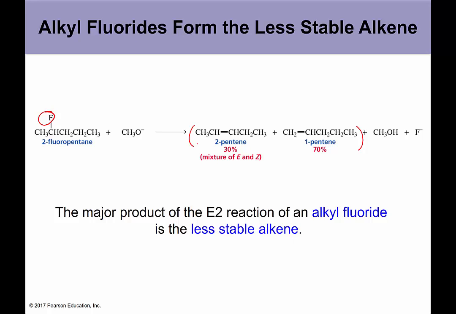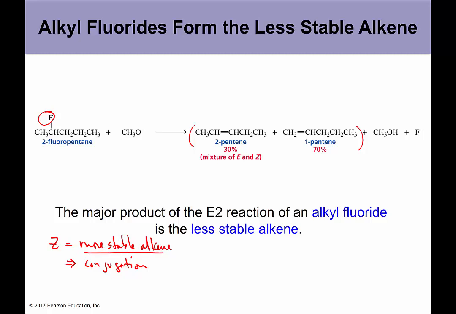So far, just to quickly summarize, and I'll talk about why that is in the mechanism: Zaitsev, that's the more stable alkene. Problems with the Zaitsev rule: conjugation equals the more stable alkene. So Zaitsev's rule is really just about degrees of substitution.